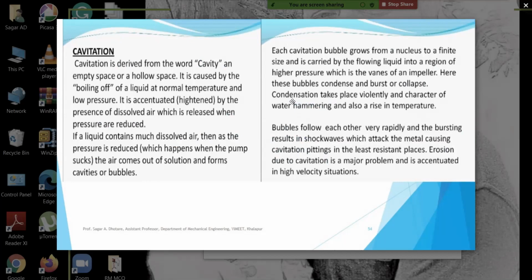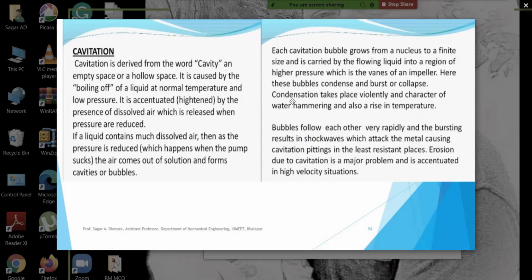Cavitation is derived from the word cavity, an empty or hollow space. It is caused by the boiling of a liquid at a normal temperature and low pressure. It is accentuated by the presence of dissolved air, which is released when the pressure is reduced.